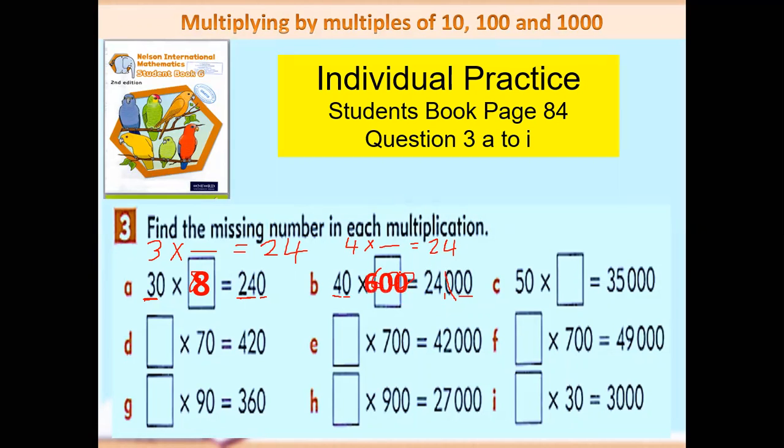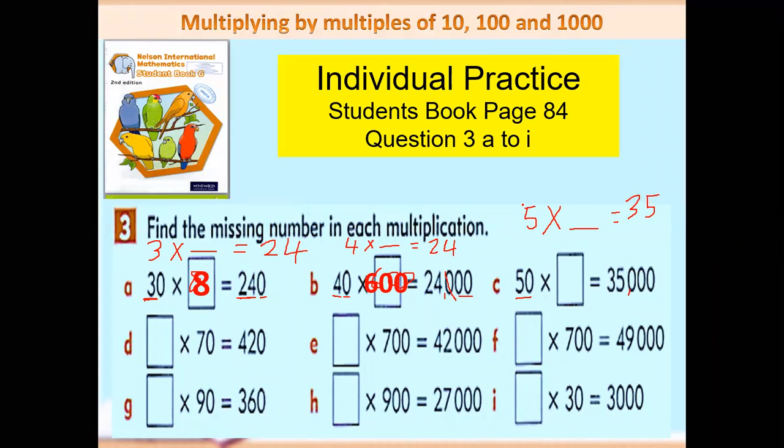Okay? One more, I'm going to answer first letter C, and then the rest you can answer and check your answer later, okay? Now, we have here 50 times something equals 35,000. Now, I have to think again of 5 times something equals 35. What should I multiply by 5 to get 35? Or I can say 35 divided by 5.